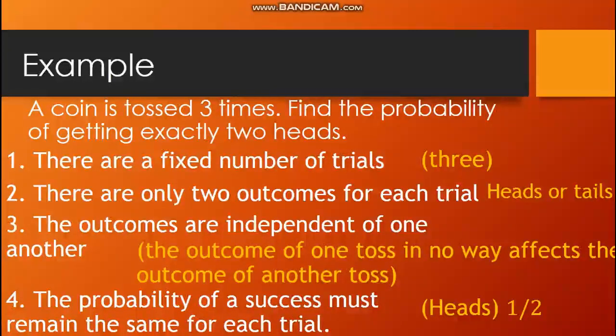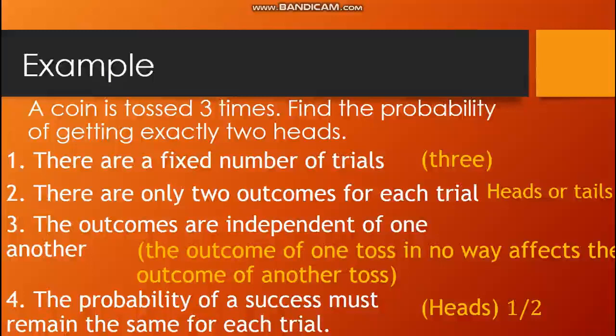Okay? The probability of a success must remain the same for each trial. So, the probability of getting head, which is the probability of success, hindi nababago sa bawat trial natin. Laging 1/2 pa rin. So, therefore, this is a binomial experiment. Yung aking example in tossing coin 3 times. Okay?